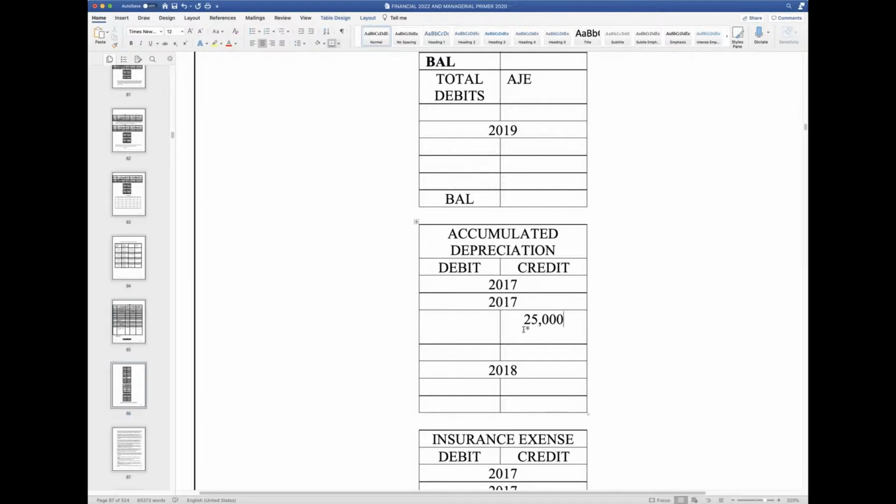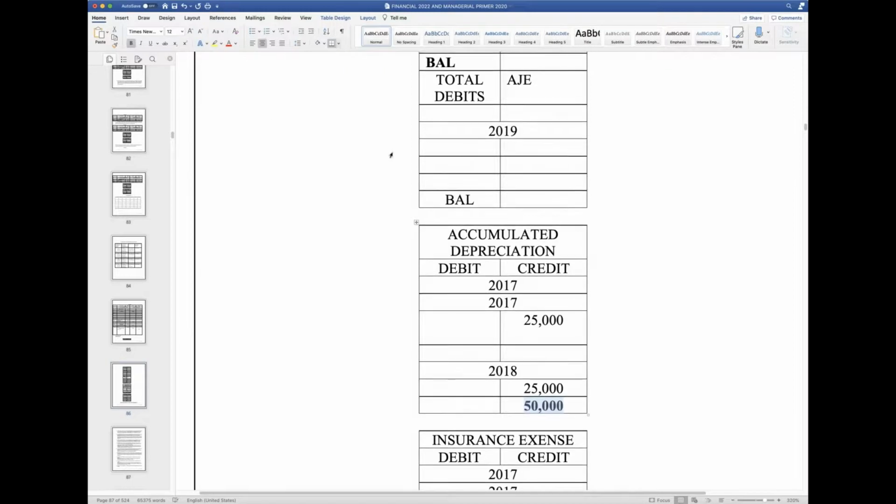In 2018, it's going to be another 25,000. So the balance now in the account for accumulated depreciation at the end of 2018 is going to be 50,000. You're going to add those years together.